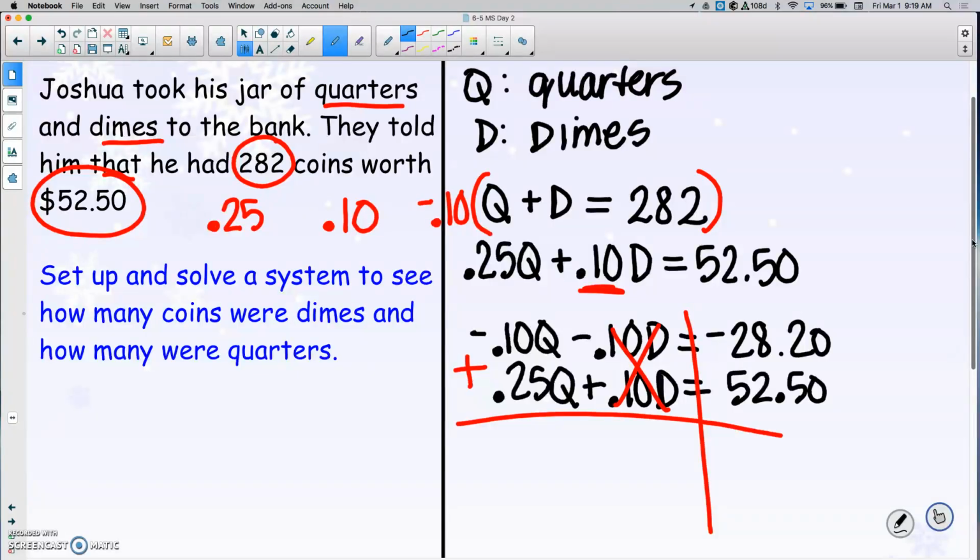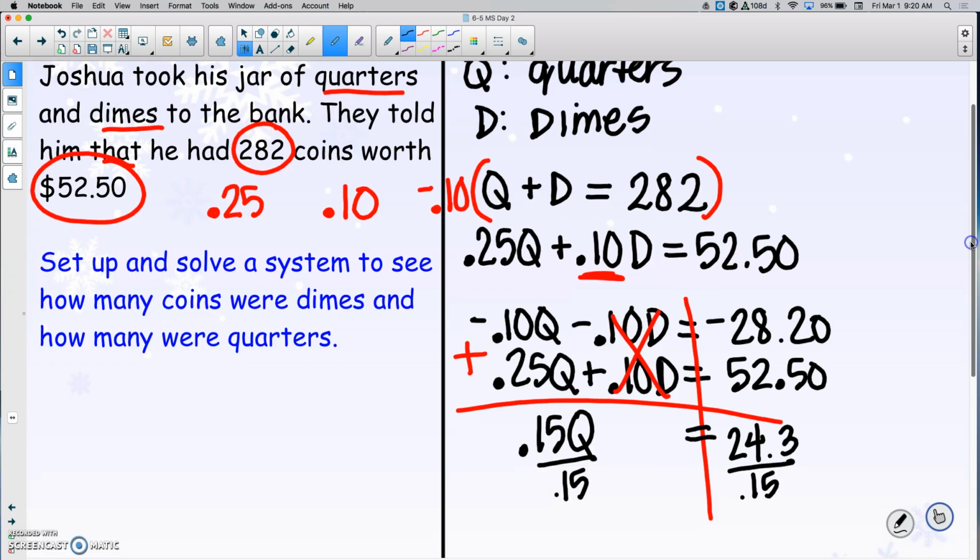So negative 0.10 plus 0.25 is positive 0.15. And then over here, if I add these, I get 24.3. So now if I divide, this is going to divide evenly. And I get 162. So Q equals 162.